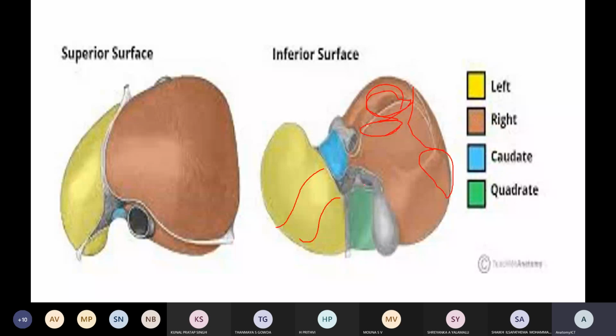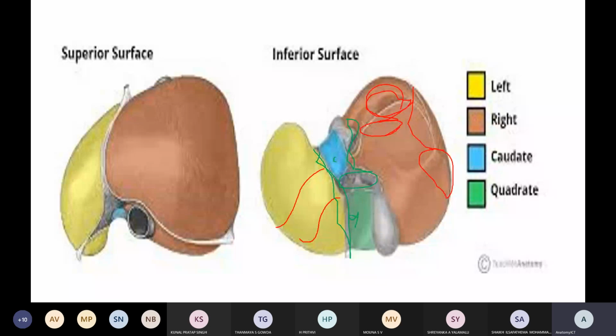Now what happens? Between the caudate lobe and the quadrate lobe, this particular portion is called the porta hepatis. So this is the caudate lobe and this is the quadrate lobe. In between there is an opening called the porta hepatis.